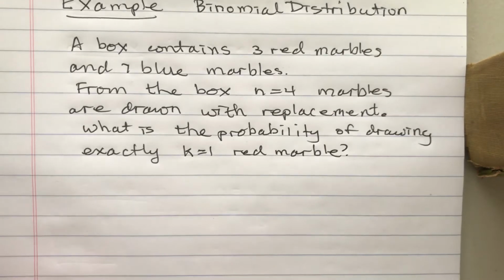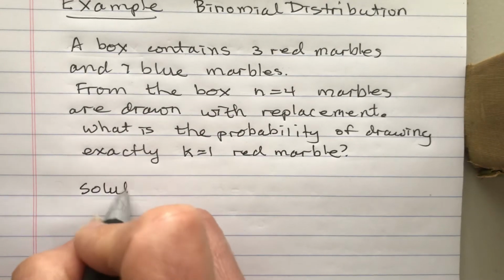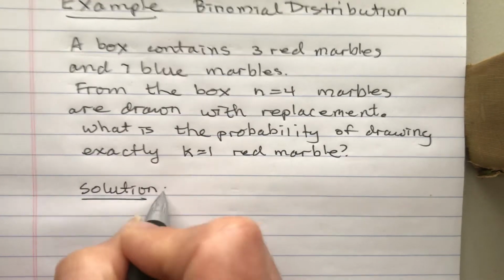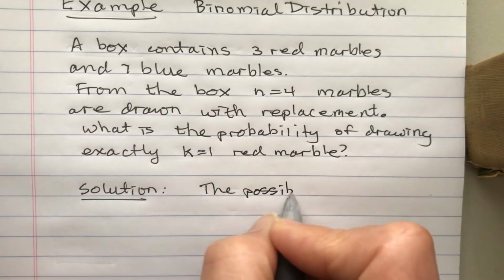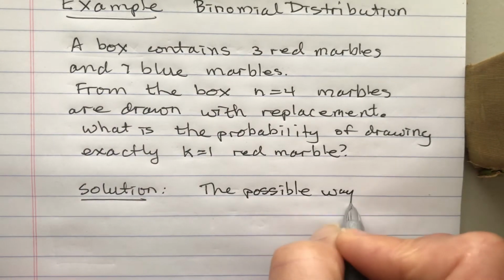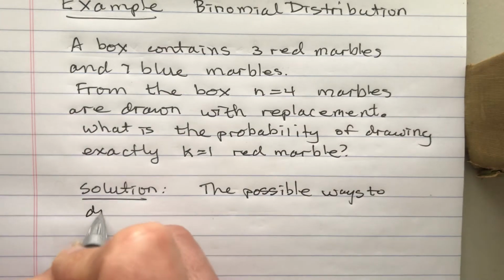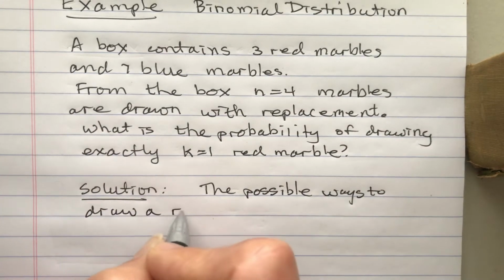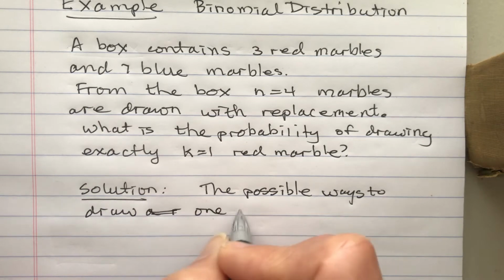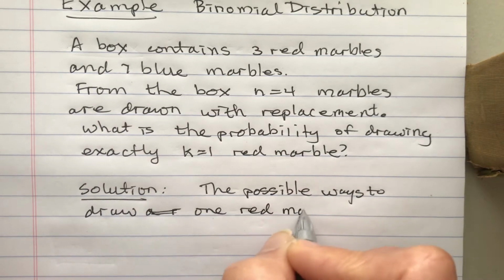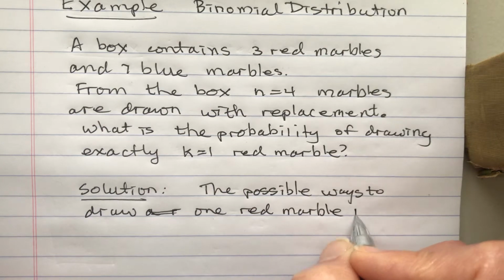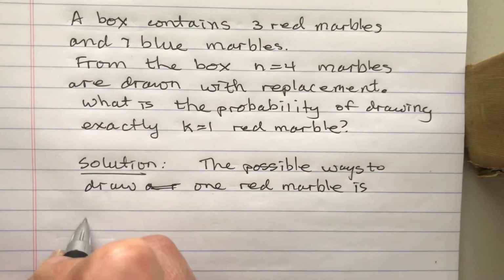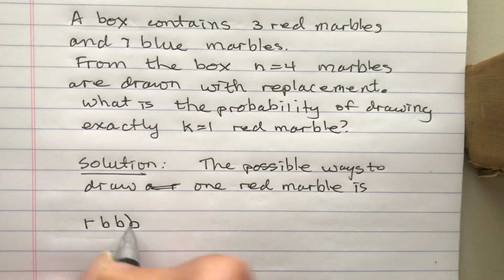Okay, so if you look at this situation, the possible ways to draw 1 red marble is, well, what? You could get a red and a blue and a blue and a blue.